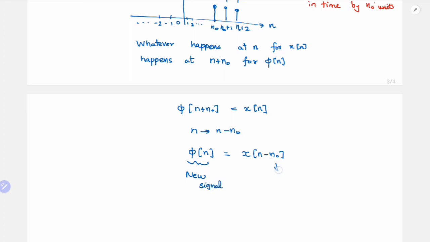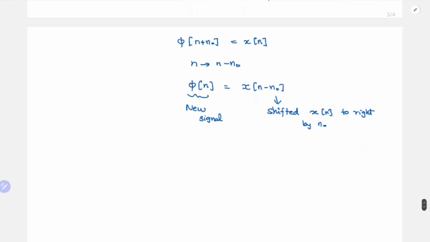And I have shifted x of n to the right by n naught. So mathematically it is given as this structure: phi of n is equal to x of n minus n naught. So this is nothing but a right shift. What about a left shift by n naught units? It will just be plus n naught.